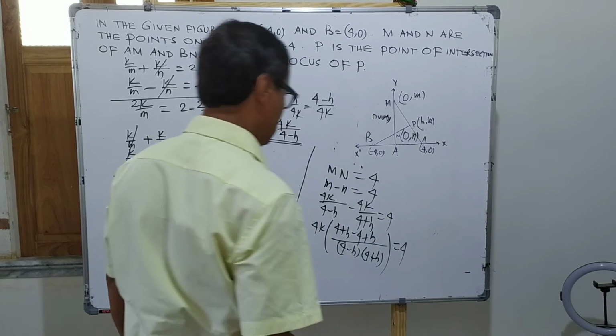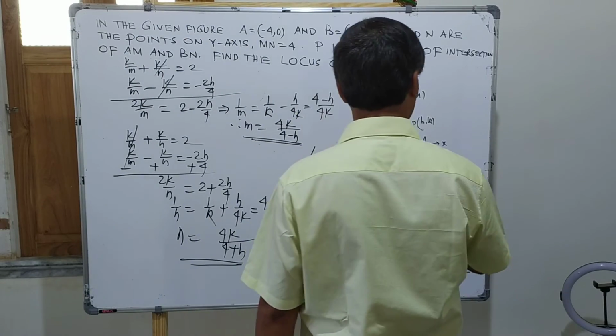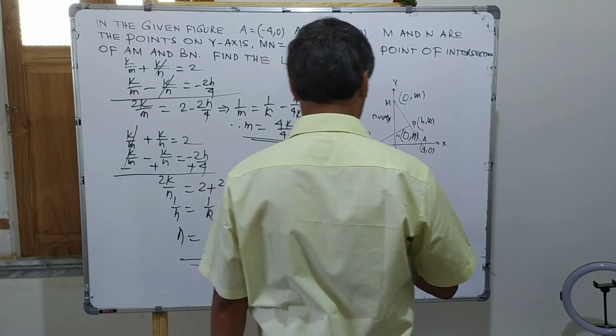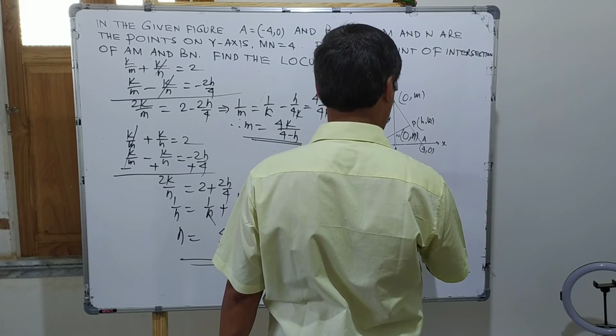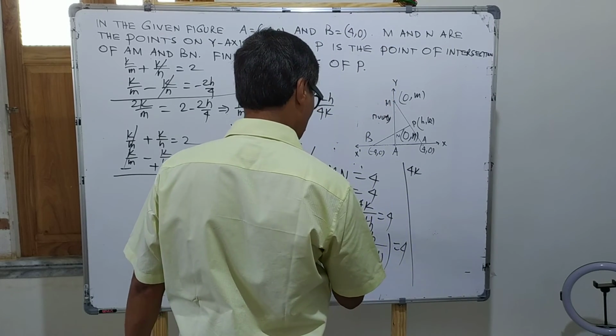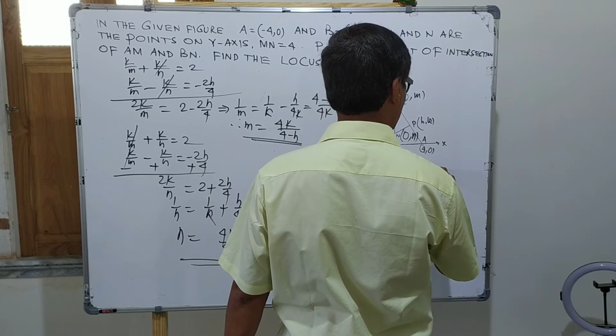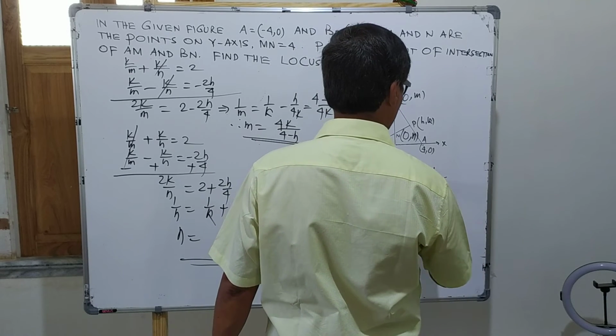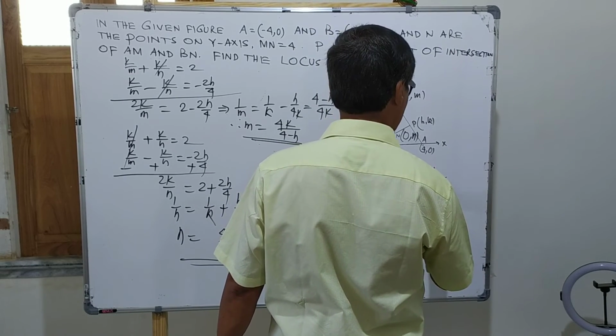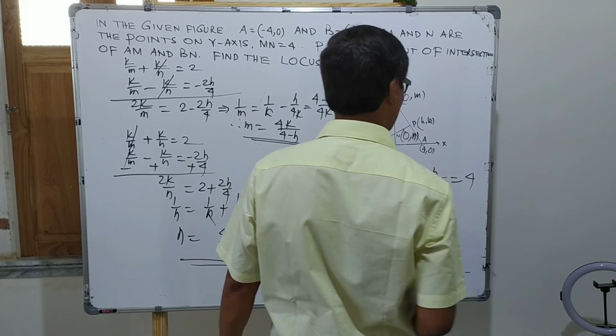After calculating this, we get 4k into 2h over 16 minus h square equal to 4.